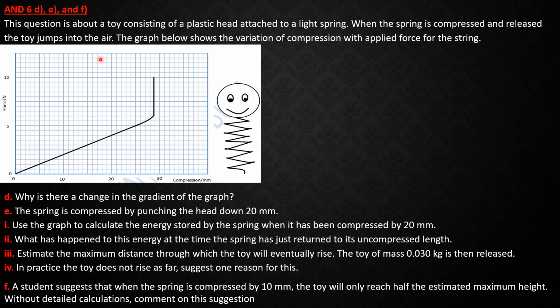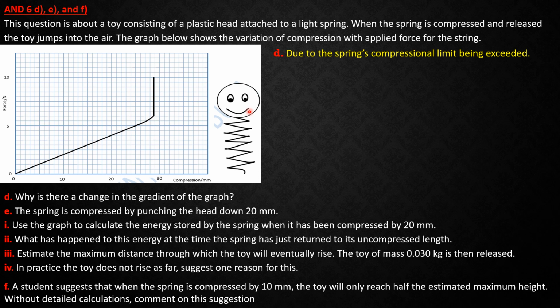So this is about this question indicated here. You can just pause the video again and then just read the question and attempt it by yourself before I start solving across here. So I'm going to start solving here. So this says, why is there a change in gradient of the slope of the graph? So we actually have the graph like that, and then there's a change in slope. So why? Of course this is due to the spring's compressional limit being exceeded, because remember that you're holding this toy and then you're pressing it down and then you're compressing this spring.